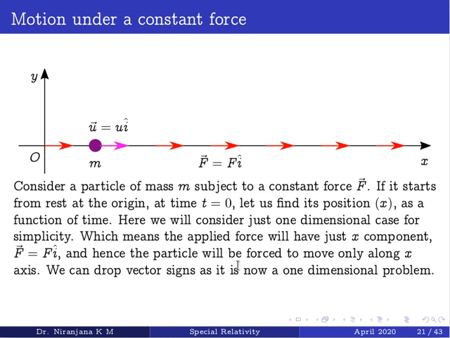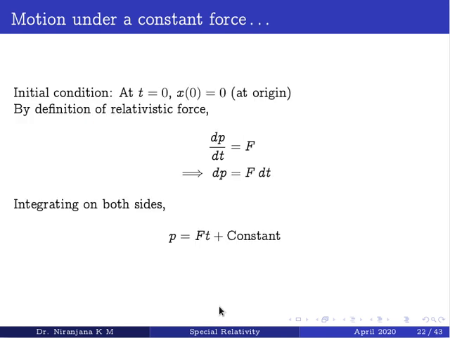The consideration of one dimension is just for simplicity, and since the problem is one-dimensional, we can drop the vector signs in further derivation. Now the initial condition: at time t equals 0, the position of the particle is 0, meaning x of 0 is 0. It is at the origin.